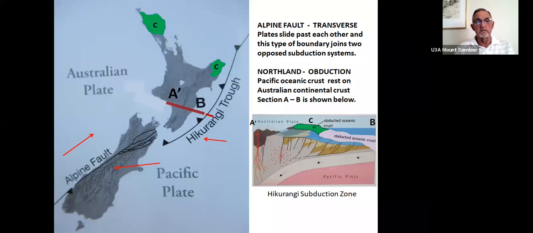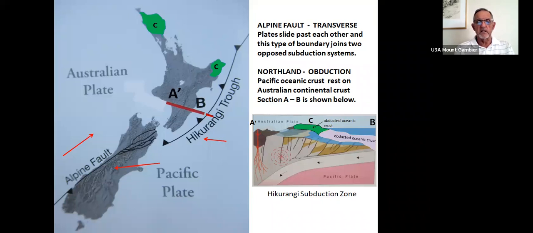And it continues up as a volcanic arc all the way up the Kermadec Ridge. But both in North Cape, marked with a C, and East Cape, marked with another C, you have obducted crust.